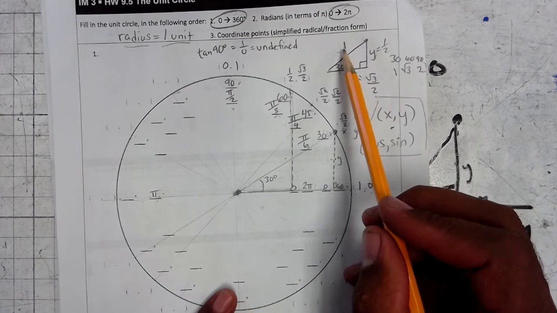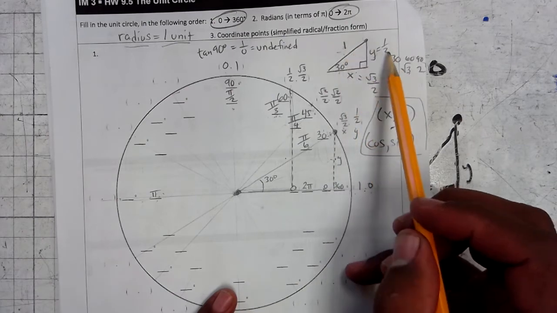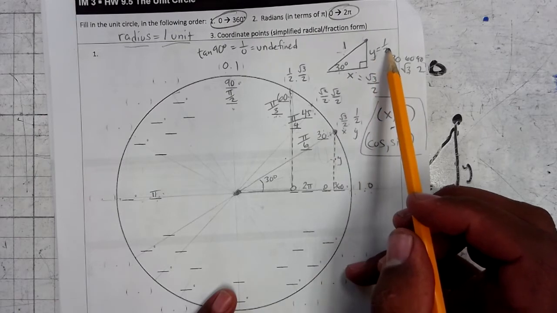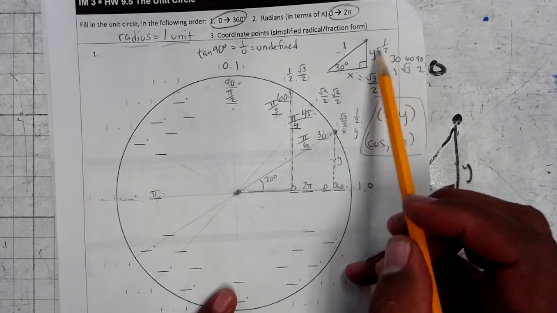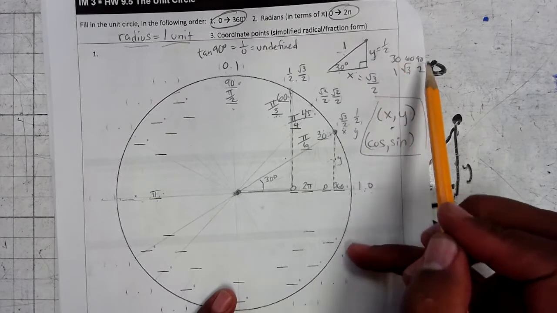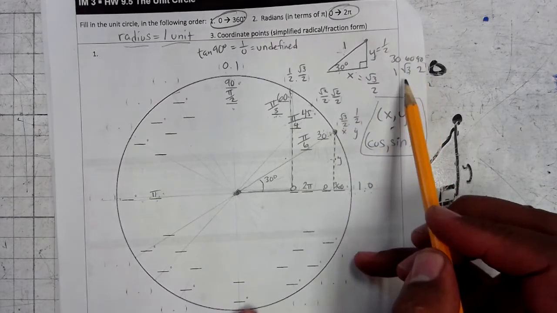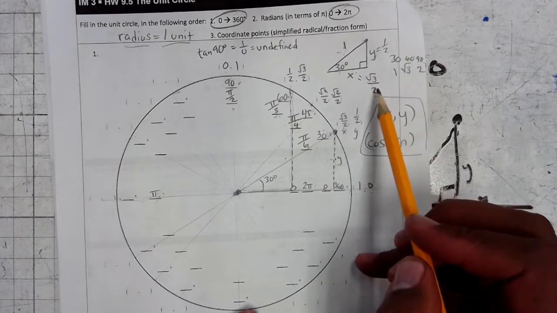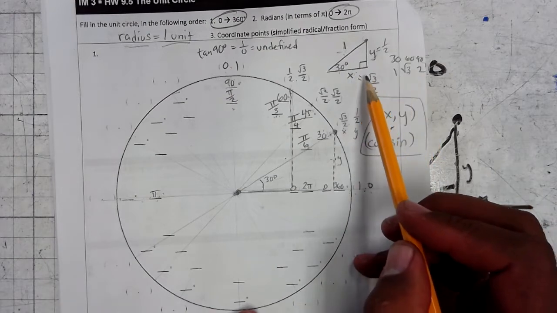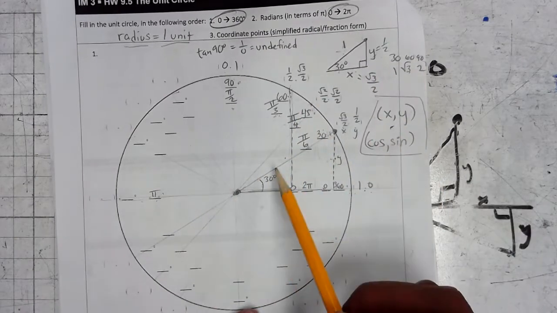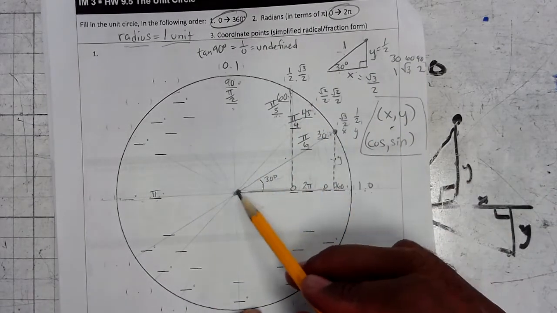So if that's 1, this is twice the size of this side, so that means it's 1/2. Then we talked about, if you use the steps for finding the missing side of x, setting up your proportion and cross multiplying, you would figure out that this side is equal to square root of 3 over 2.